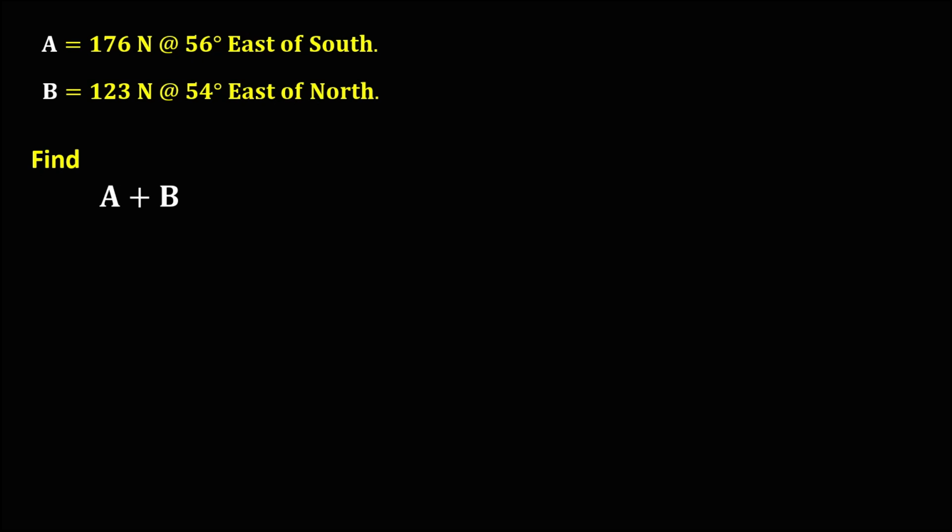So for this problem, to find the sum of these two vectors, we have vector A and vector B. First, we need to plot these two vectors. For vector A, 56 degrees is south.